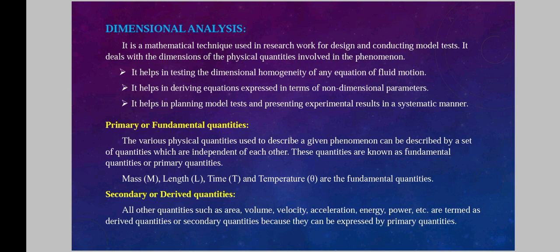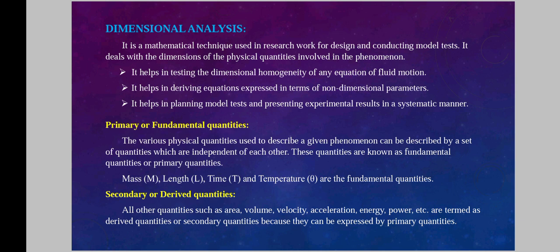So the primary are fundamental quantities and secondary are derived quantities. These are the main two topics which will be mostly helpful in identifying the dimensional analysis. The various physical quantities used to describe the phenomena can be described by a set of quantities which are independent of each other. These quantities are known as fundamental quantities.